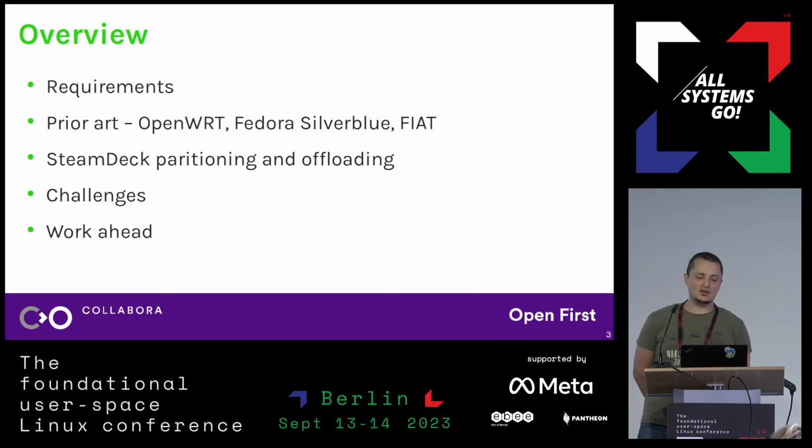And then we're going to explore what the actual partitioning is and how we're managing all those files in a way that's actually sustainable for a device that may have only 64 gigabytes of storage. I believe the top model goes to 512 gigabytes. Then we're going to cover some of the challenges and potential work ahead, either planned or just in the works.